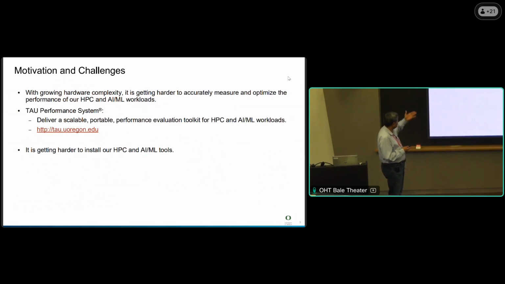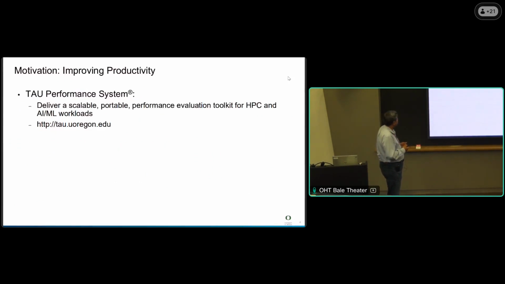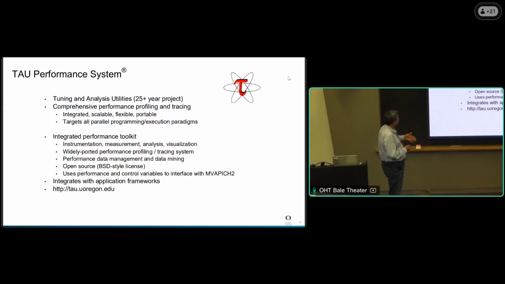And it's even harder to install our tools in a consistent manner. So our goal here is to create a toolkit that will make your life easier to understand the performance of your complex codes. And the Tau performance system is a toolkit that's been in development for over 25 years.